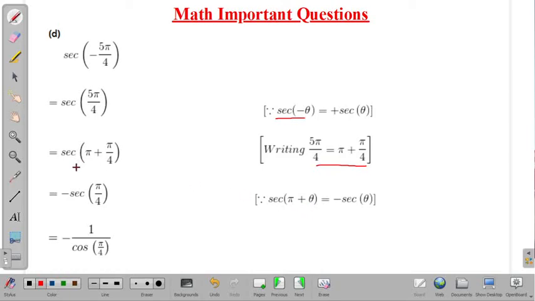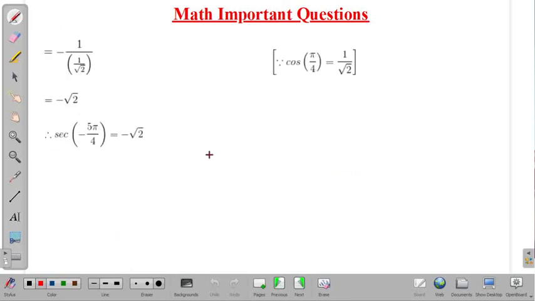So sec of pi plus pi by 4 will be equal to minus of sec pi by 4, and sec pi by 4 can be written as 1 by cos pi by 4, because sec theta equals 1 by cos theta, right? And we know the value of cos pi by 4 equals 1 by root 2. So substituting this value we get minus root 2. Therefore, we can write sec of minus 5 pi by 4 equal to minus root 2. So this will be our answer.